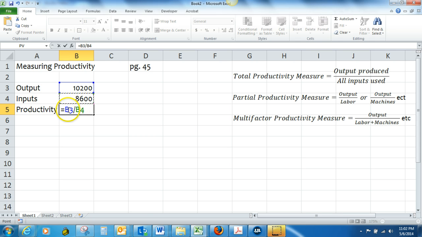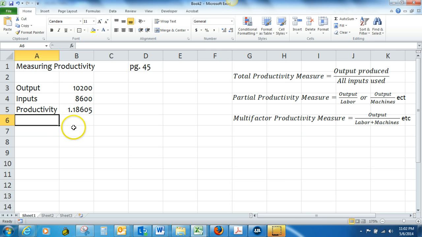But if you put the numbers in the formulas, then you're only using Excel like a calculator, and you have to actually go back and change all of your formulas each time you make a change to the variables. Okay, so that's the same answer that they come up with in the book.